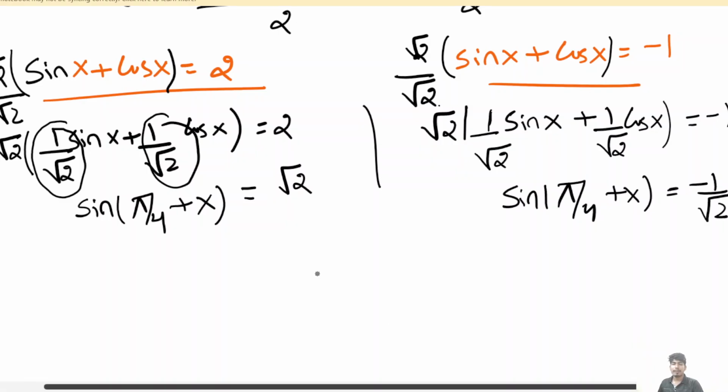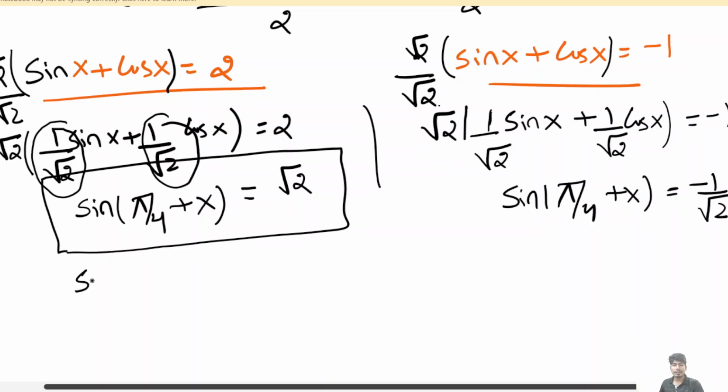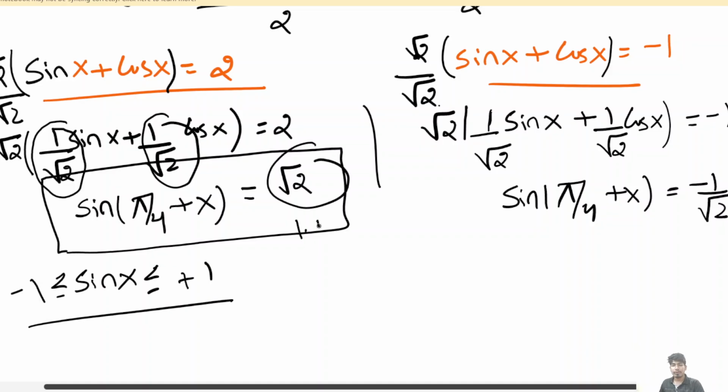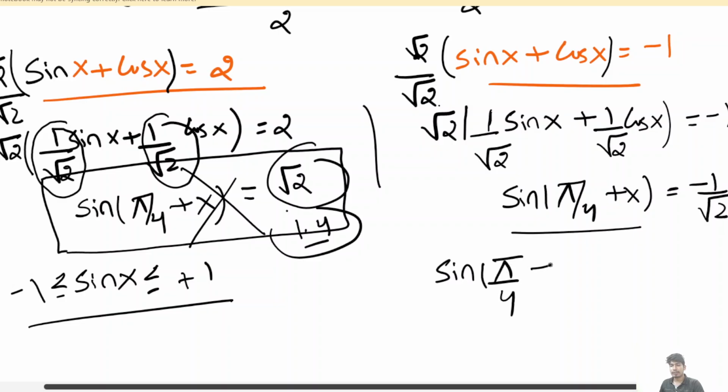Students, this can't happen, because the range of sin x is minus 1 to 1, and root 2 is about 1.4, so this is not possible. Then only the other case remains: sine of pi by 4 plus x equals sine of alpha.